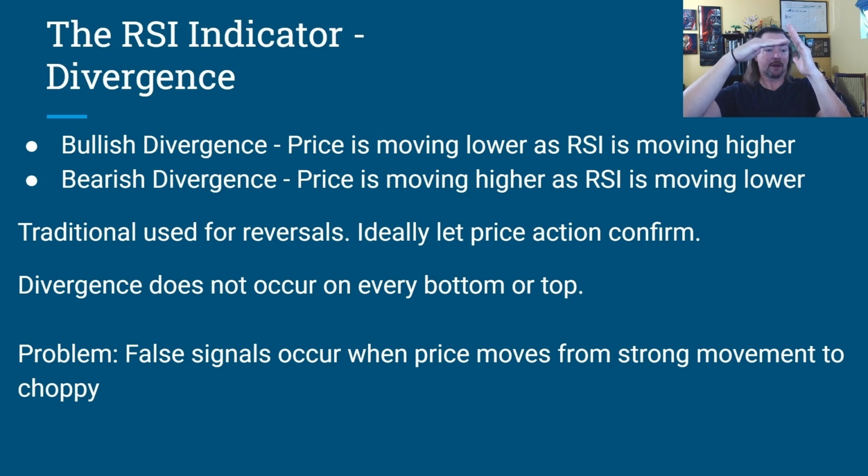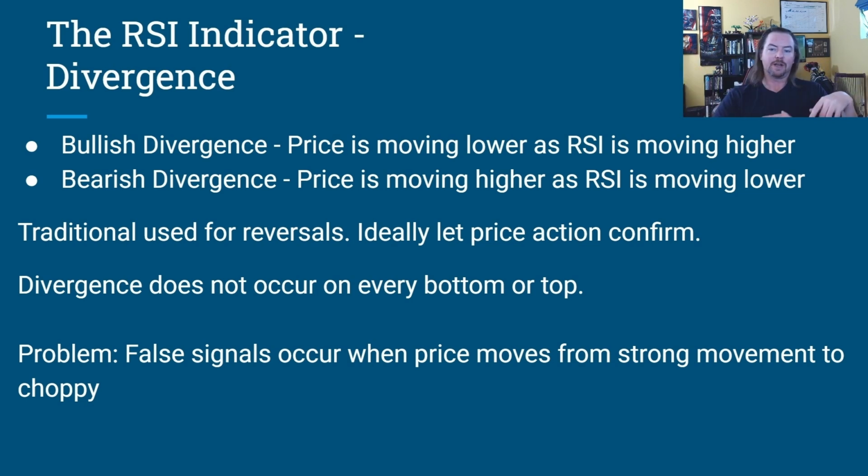Now, it might still stay well above 50, but it's going to be below that. And if the price is kind of choppy, but it's still moving up, you're going to get a bearish divergence, but the price still could continue to go up for a long time, simply based on how the indicator is calculated. So just be aware of that. Divergence does not occur at every top or bottom. Oh yeah, and I made that point just to say, watch the price.